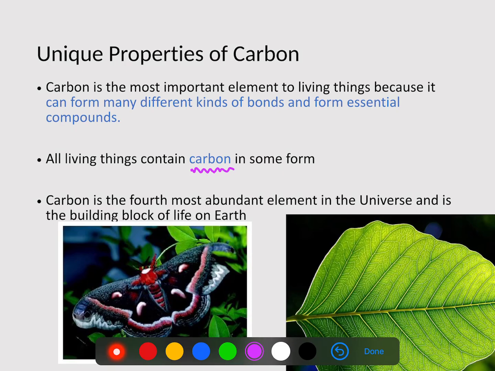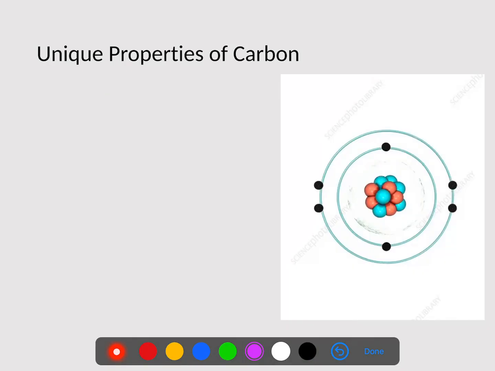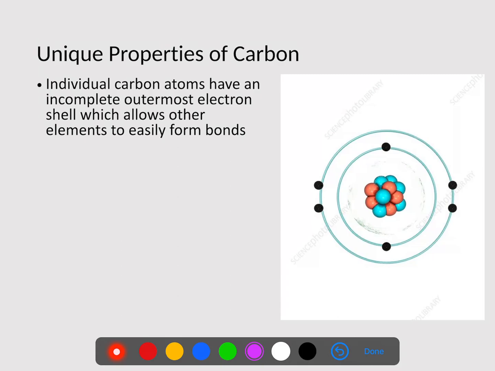Now, individual carbon atoms have an incomplete outer electron shell, which allows other elements to easily bond. So if we look here, if I have this molecule of carbon, notice in its valence shell we have 4 electrons, making it easy for other elements to bond to it.